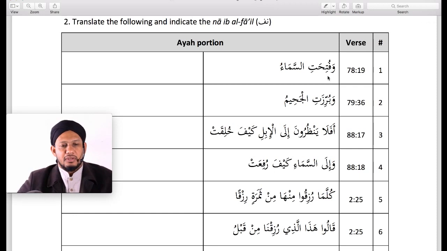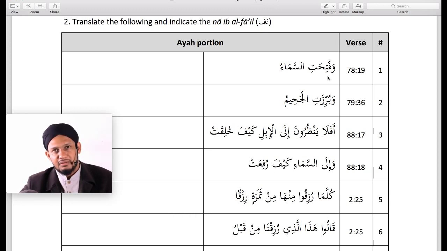Okay, so we don't know who the doer is, but futihat means that a female person or thing was opened. You with me? Not "was" because it's past tense.